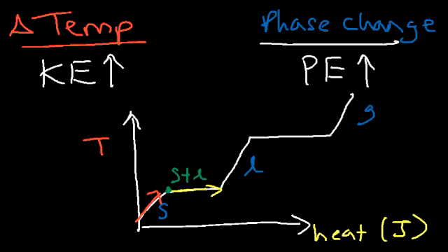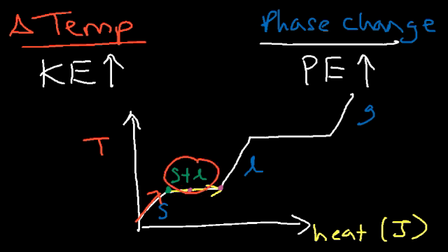At this point here, you have about 100% solid, no liquid. In the middle, you have 50% solid, 50% liquid, and at this point, all of the solid particles have been converted into the liquid form. As you add heat, the potential energy of the system is increasing during this part.